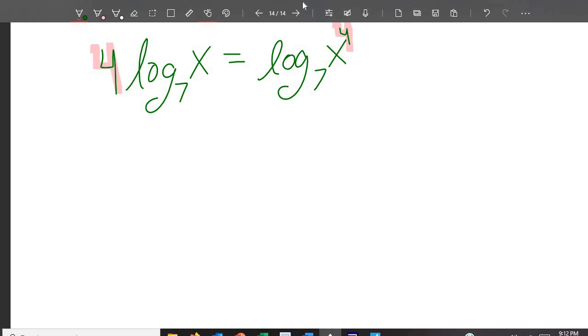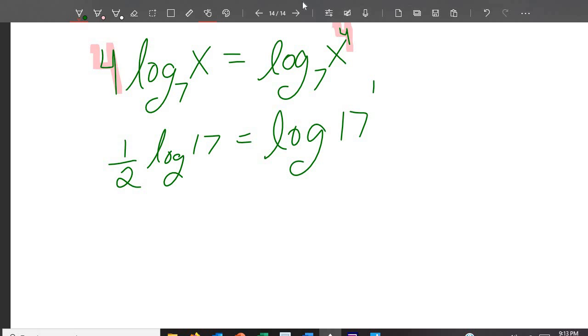That's what it means to condense. So let's say I had 1/2 log of 17. Well, that 1/2 is my exponent, so we move it and attach it back to the 17. And you might want to go ahead and change that back into a square root. So when you've got a number in front and it says condense, you put it back as the exponent.